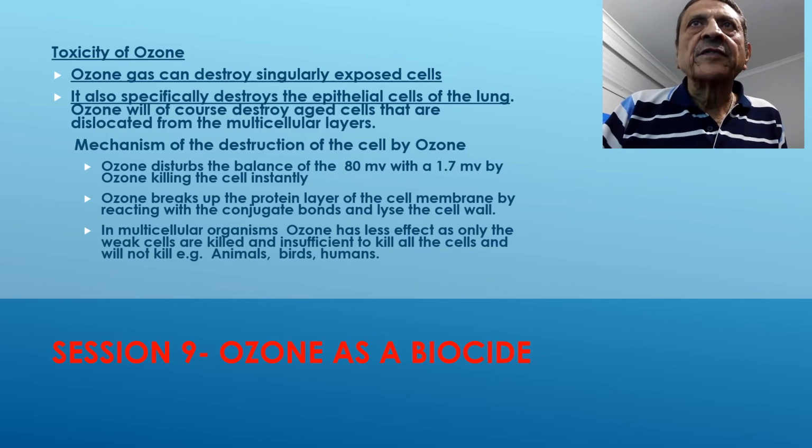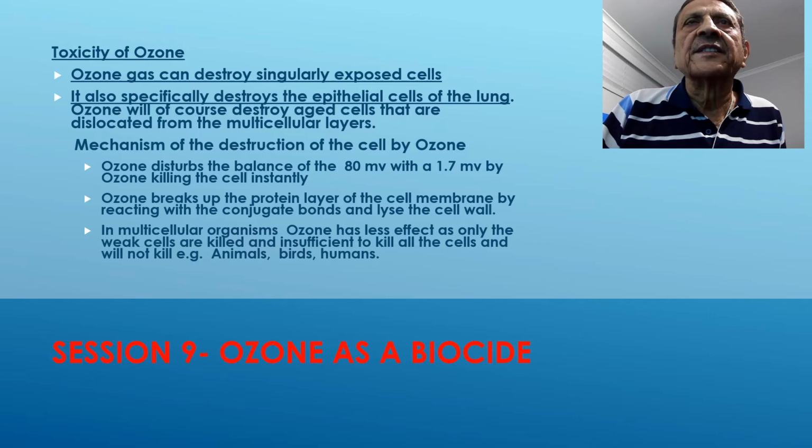The mechanism of destruction of the cell by ozone is, first, it disturbs the voltage balance, which is 80 millivolt.